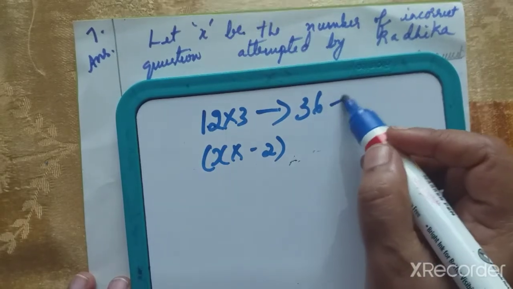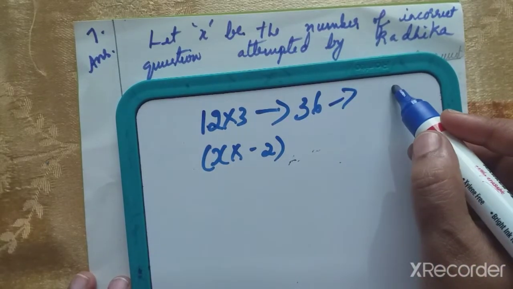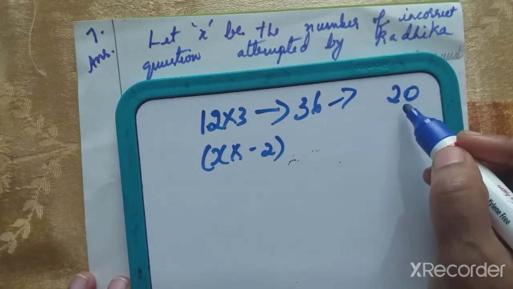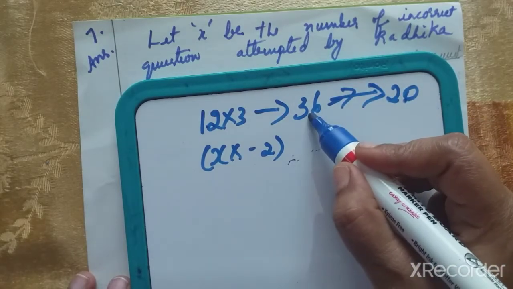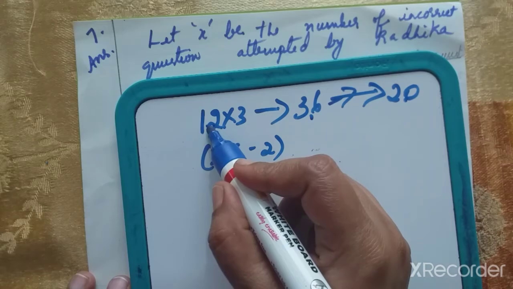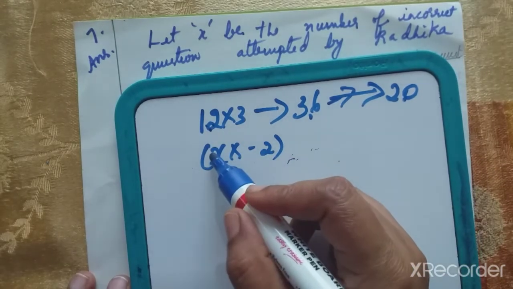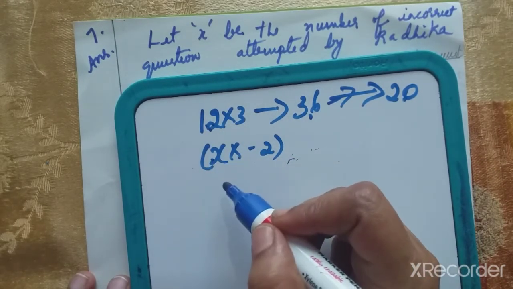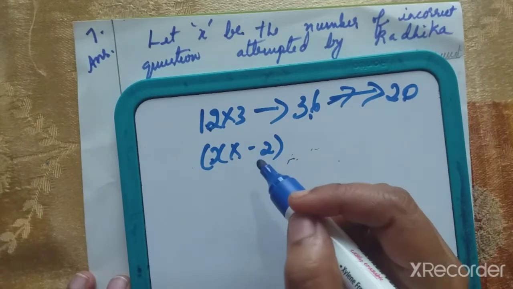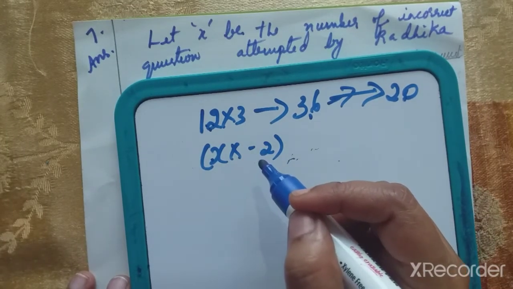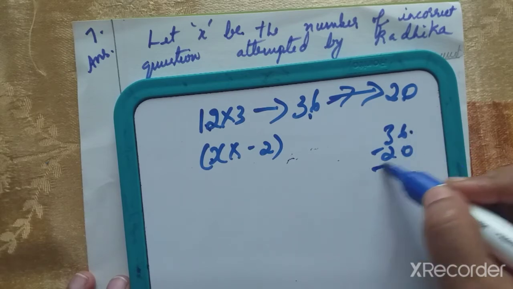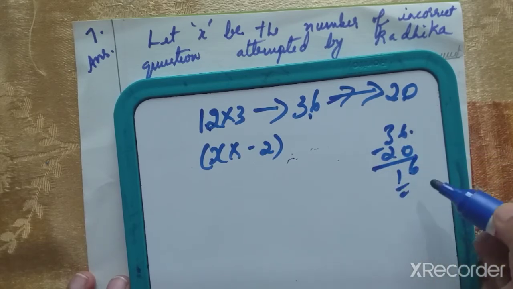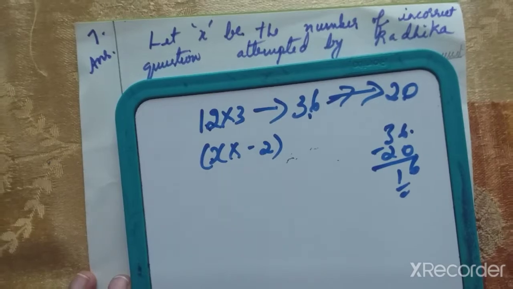She should get 36 marks, but actually she got 20 marks. Let x be the number of incorrect questions, with minus 2 marks for each. So 36 minus 20, she should get 36, means 16 marks is missing.